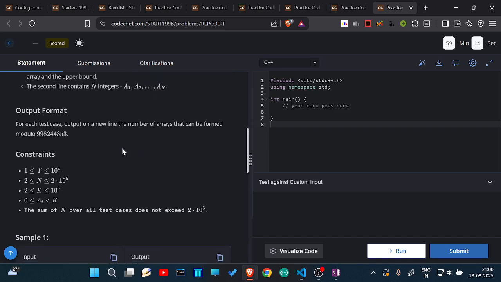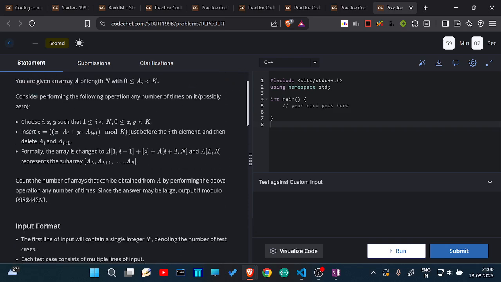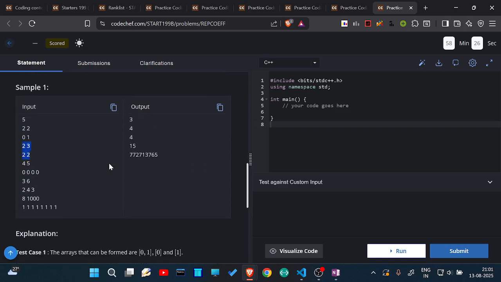How did he actually get for it? Okay, I'm not applying any operation, applying one time. Okay, so 0 and 2.